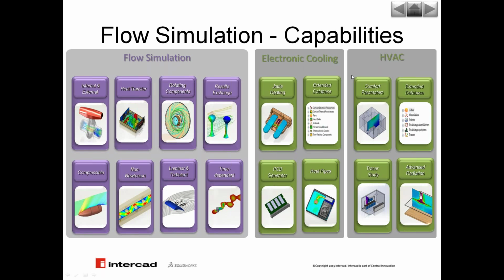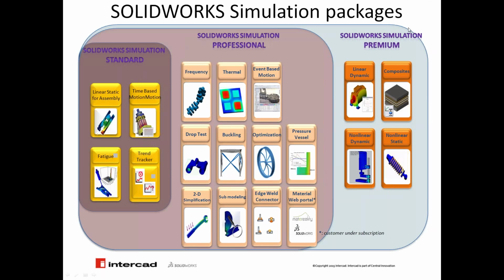And any study of this one can be simply linked to our FEA package as well, where you have your CAD parameter, you have the flow study, and we do have the structural response here. Well, you can either use linear static studies or the capabilities of Professional such as frequency, thermal, buckling, or drop tests, or also accessing linear or nonlinear dynamic studies here.